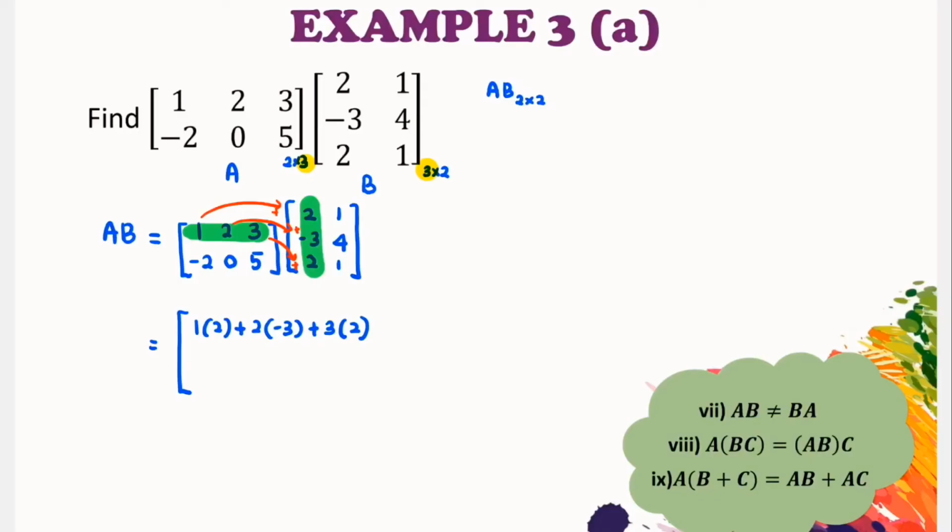For element 2, 1, it comes from the second row multiplied by the first column as well. Now, how do we find the element for 1, 2? 1, 2 means first row, second column.